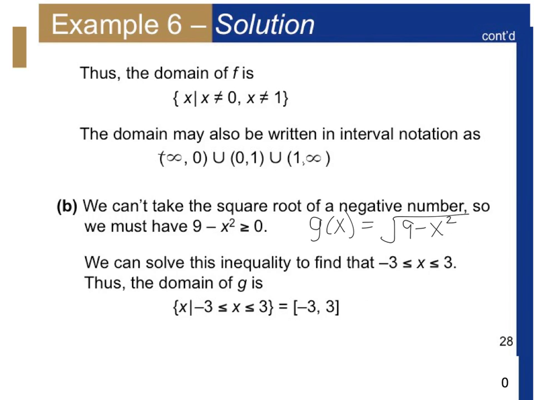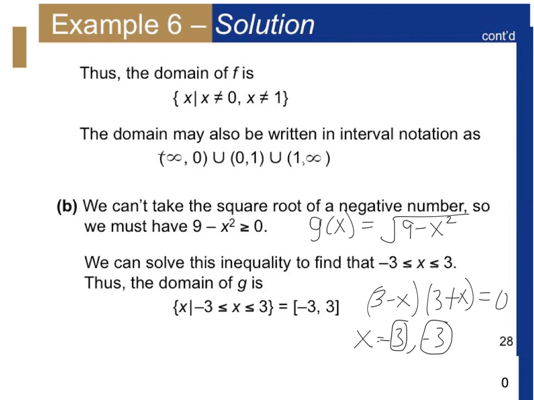So remember what we have to do here. We have to factor. So we have 3 minus x times 3 plus x. This is the difference of squares. And set it equal to 0. And then we get x equals 3 and minus 3. Remember, we have to use our key numbers there. So we're doing the key number thing.